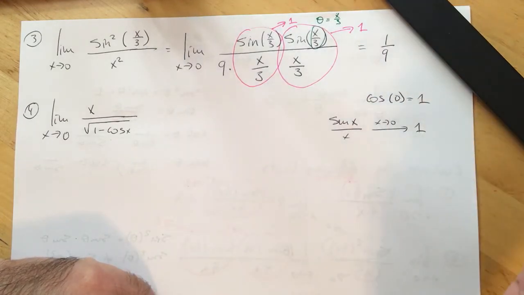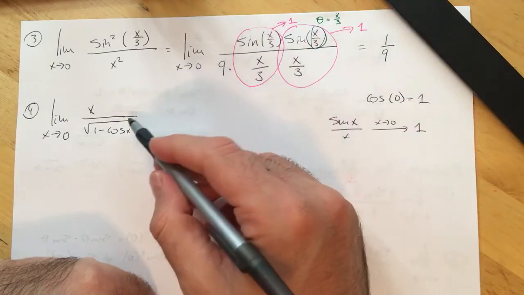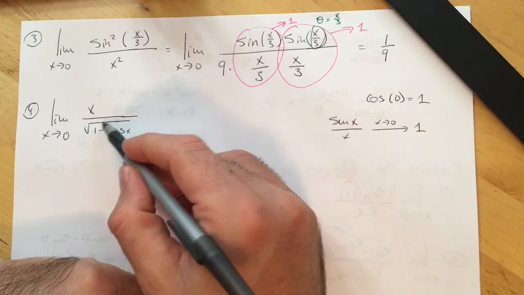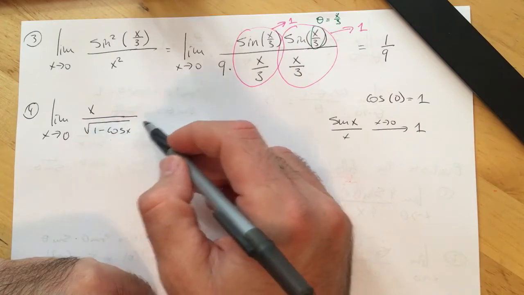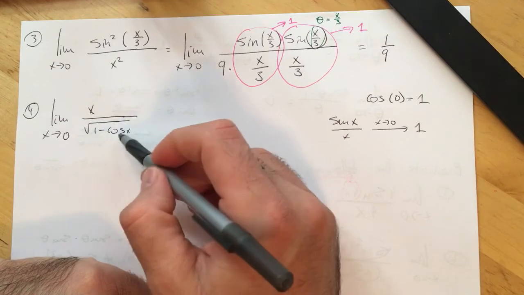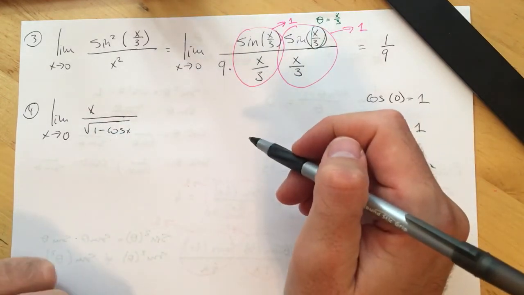And the question is how to get rid of this square root. Someone might think, why don't I just multiply this by this, because I want to get rid of the square root in the denominator, and it's one factor by itself. I can multiply top and bottom by the same expression, and then square root of 1 minus cosine of x times square root of 1 minus cosine of x will deal with the square root.